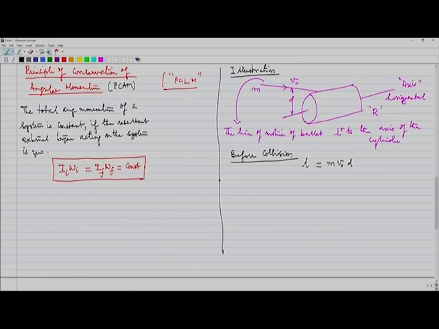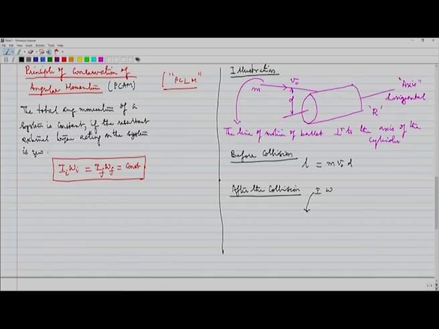After the collision, what is its angular momentum? Its angular momentum is I times omega, the total. What is the I?